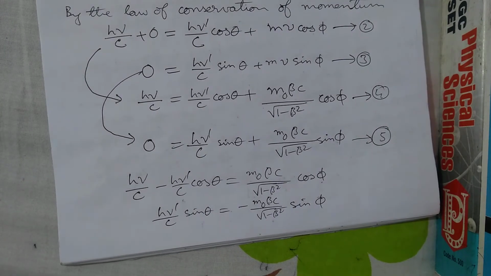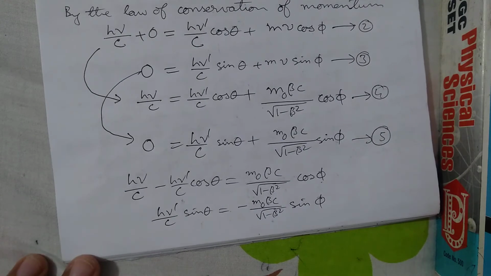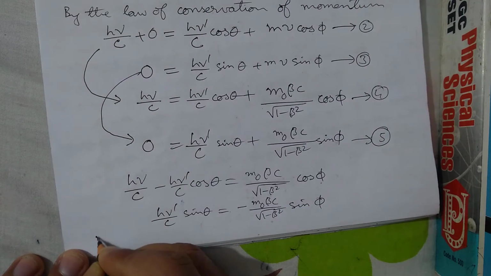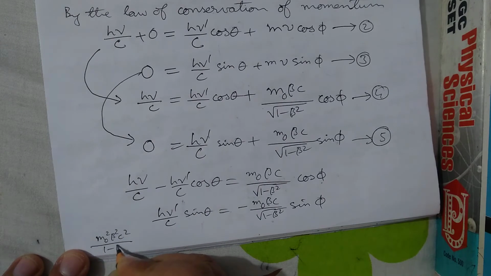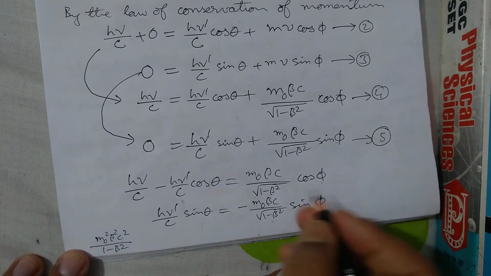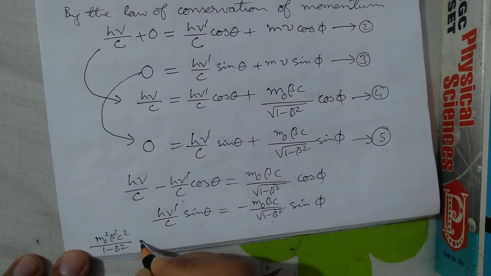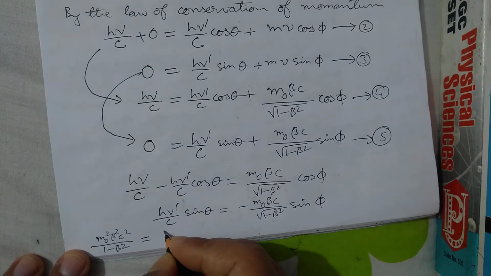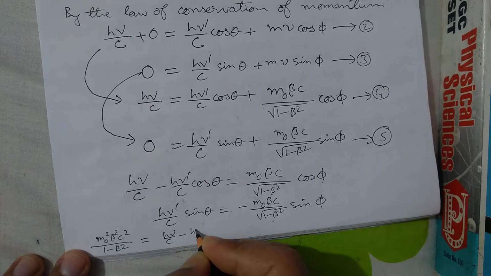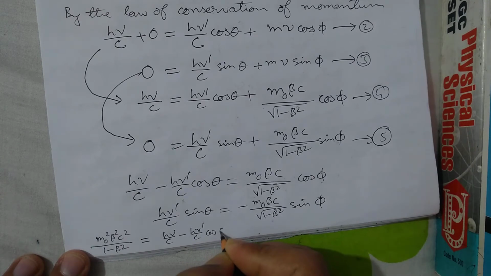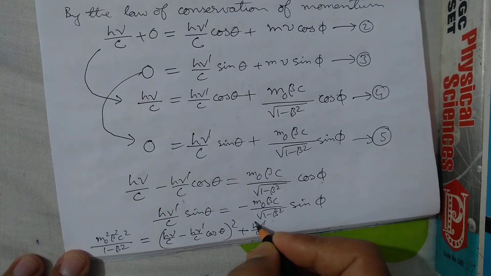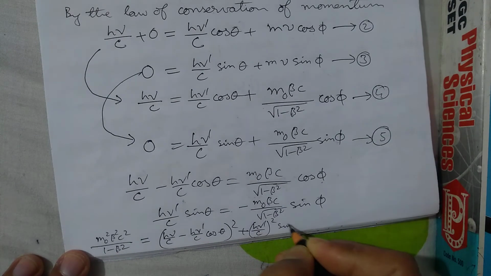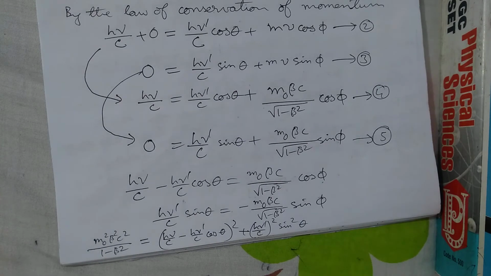You will get m naught square beta square c square by 1 minus beta square, since sine square plus cos square is 1. And on the other side, h nu by c minus h nu prime by c cos theta, whole square, plus h nu prime by c whole square into sine square theta.